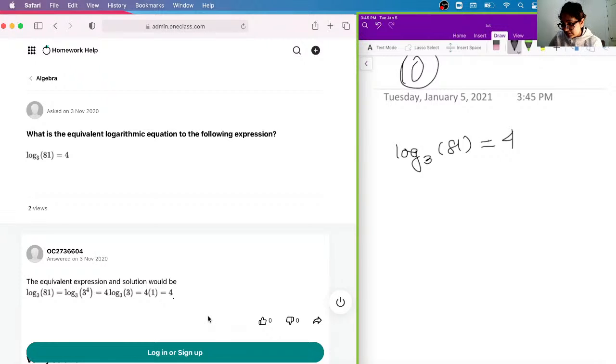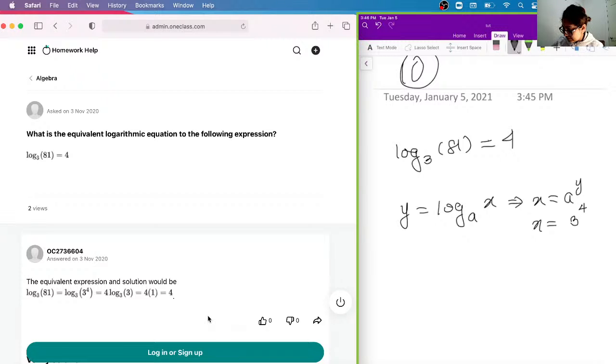Okay, so the equivalent expression and solution would be, in this case, so we can basically rewrite this as, y is equal to log base a of x, where x is equal to a to the power of y, right? And so in this case, x would be 3 to the power of 4.